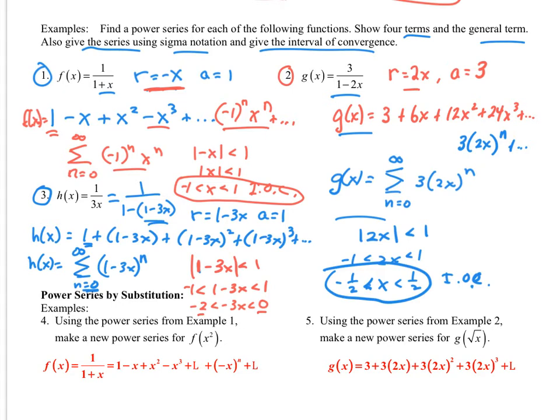Remember, when you divide by a negative, you flip the inequalities. So this is going to be x is greater than 0 and less than 2/3. And we should write it this way. That's convention. So this would be my interval of convergence. That's the values of x where this whole thing will converge to a specific value.